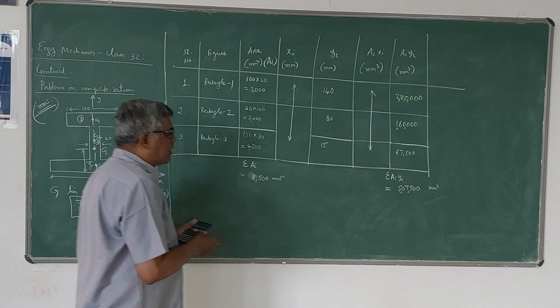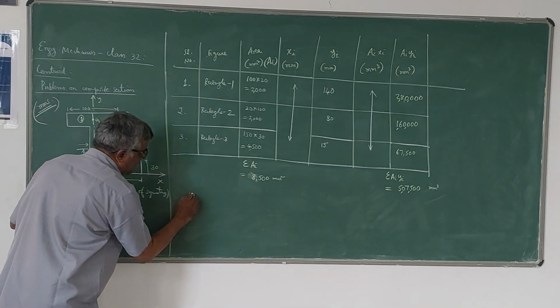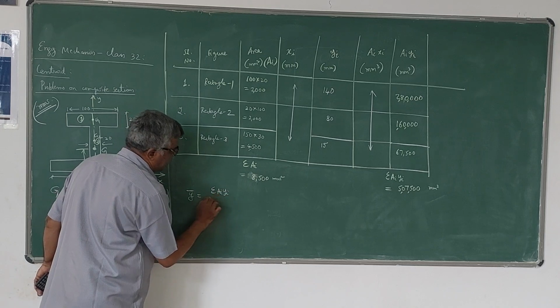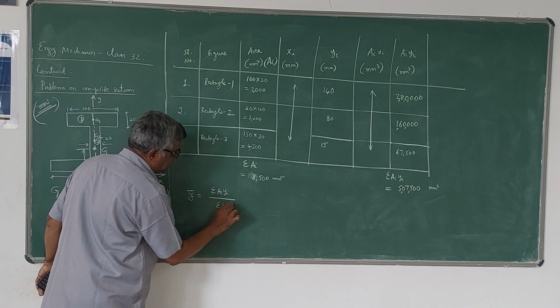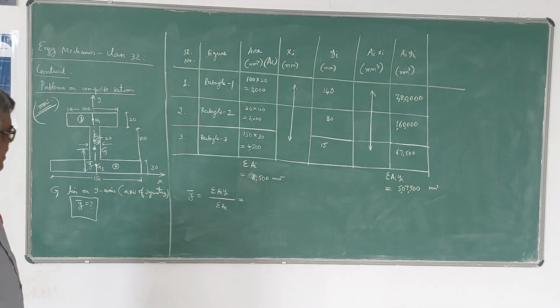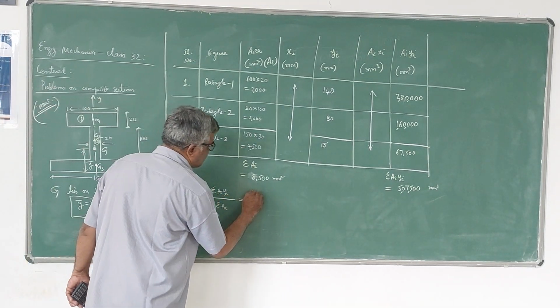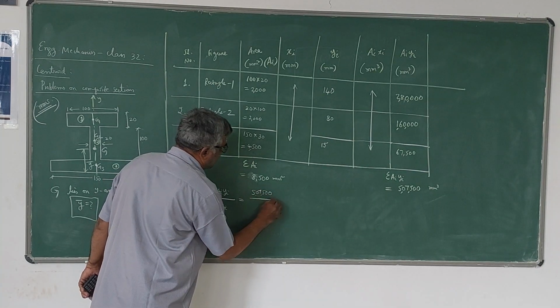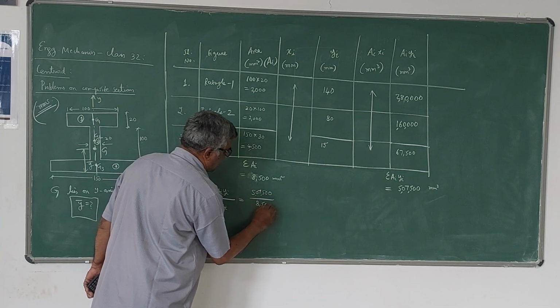Now to find y bar, directly you can use this formula. Y bar is equal to summation ai yi divided by summation ai. X bar is not required. X bar is 0 here because the centroid lies on the y-axis. So just substitute and simplify. 507,500 divided by 8,500.